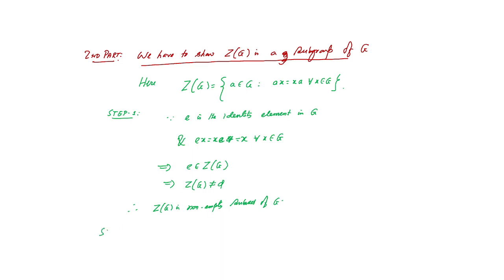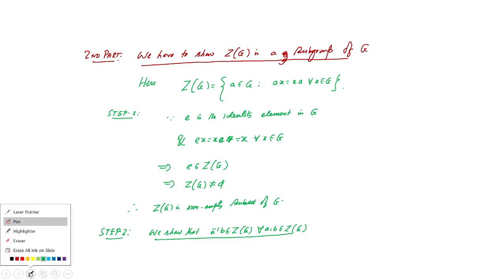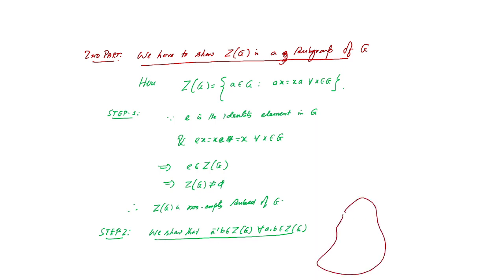Step 2, what we will show? Step 2, we will show for all a, b belongs to Z(G), that a inverse b belongs to Z(G). That we have to show. Okay, so we just take any two elements.